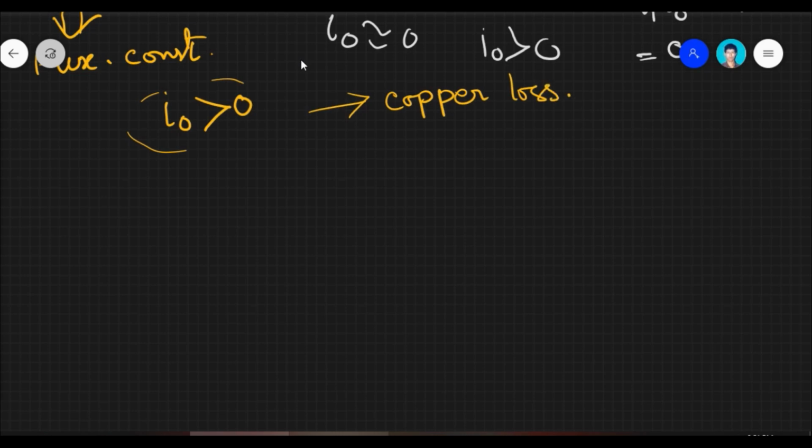More interestingly, what about the change when we consider this transformer with non-zero reluctance, with some low value of reluctance and some finite value of magnetizing current? What about the transformer phasor diagram when we load it? See, this is your V1. Now you have this I naught.